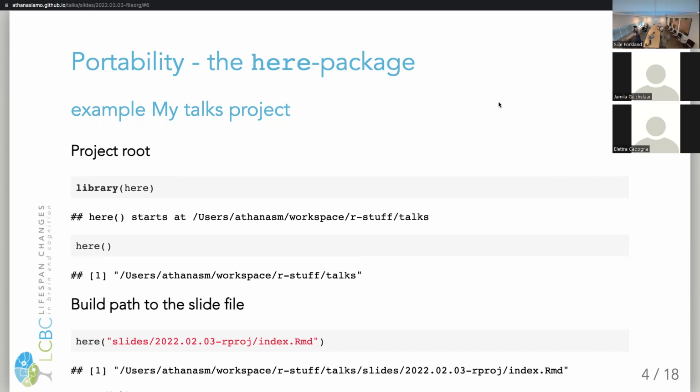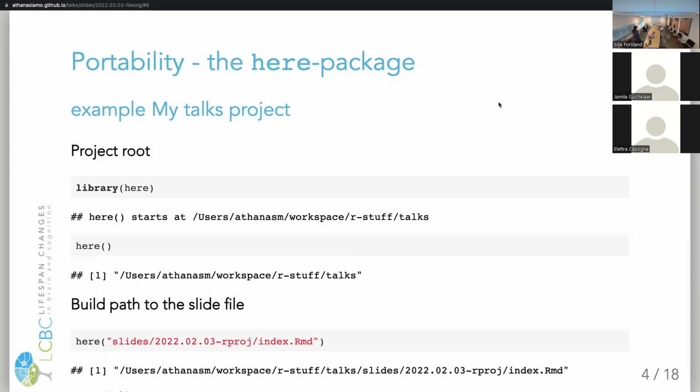So here it starts at the folder on my local computer where my talks project is, and I can reference the slides for this specific talk by saying it's in here, the root of my project, in the slides folder, in a folder called 2022-0203 R project and index, which is the actual slides file, the file that creates the slides.